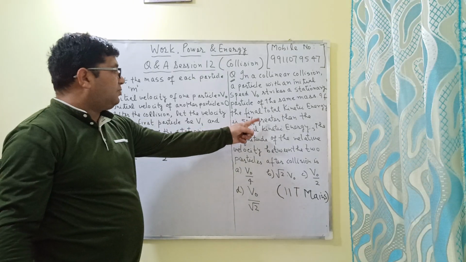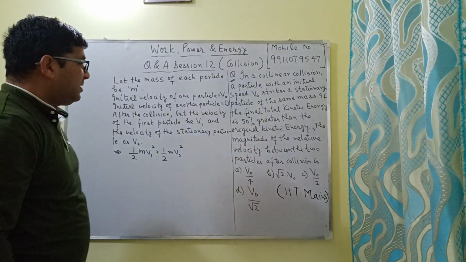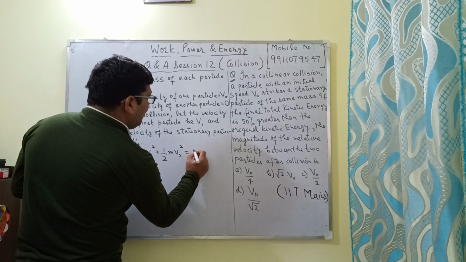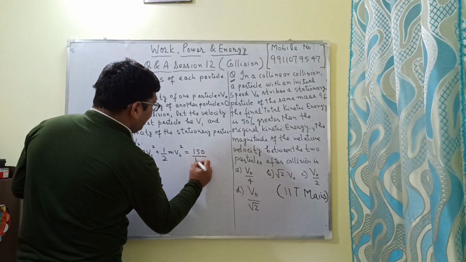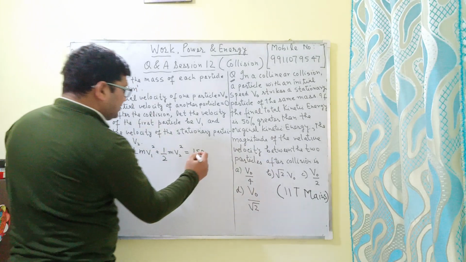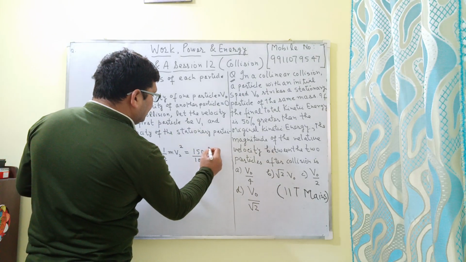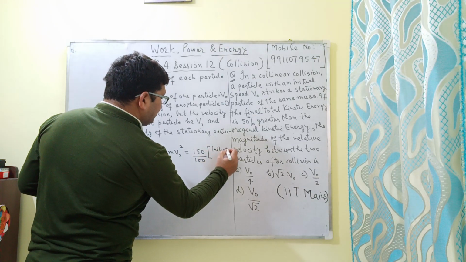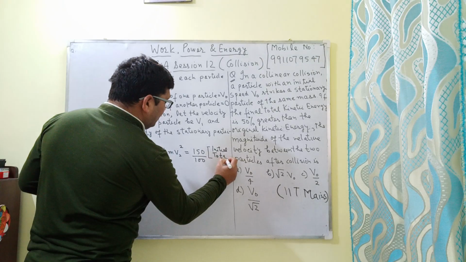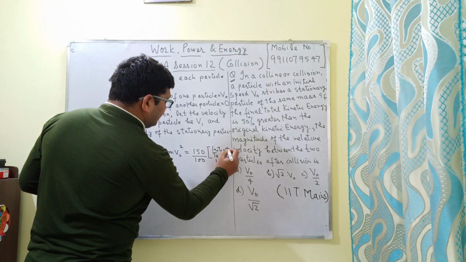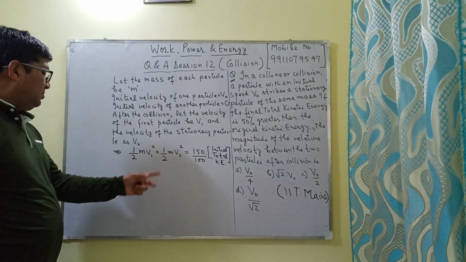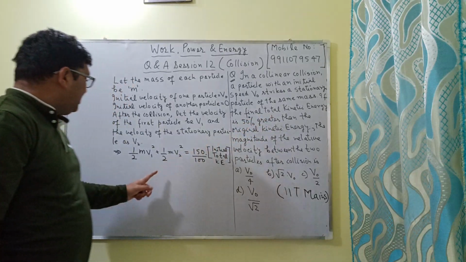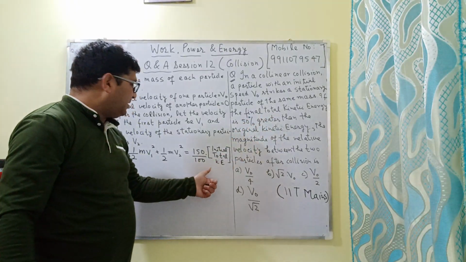Now if the final total kinetic energy is 50% greater, that means it is equal to 150 divided by 100 times the initial total kinetic energy. As per this statement, the final total kinetic energy is 50% greater than the original kinetic energy.